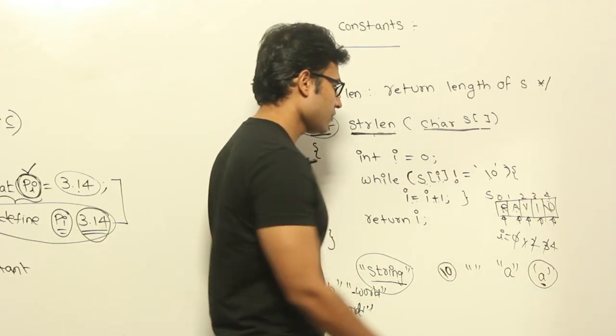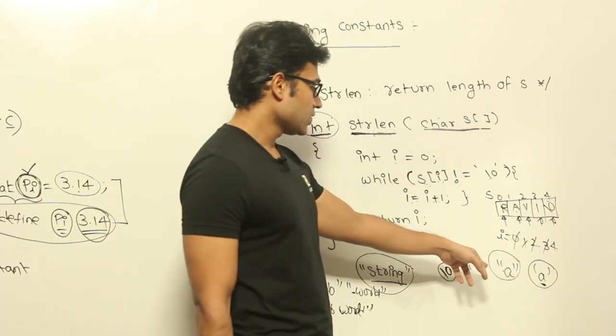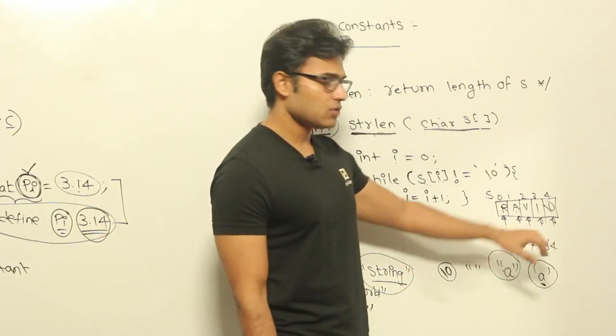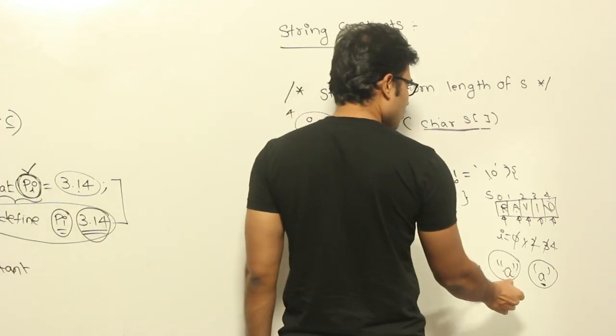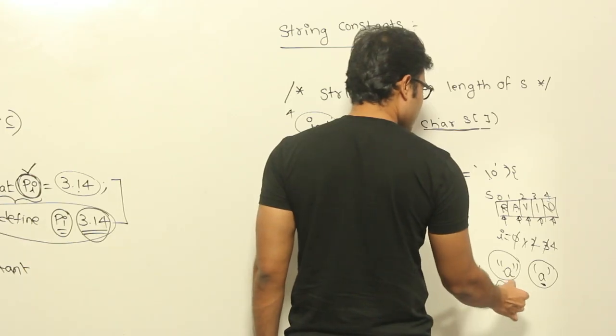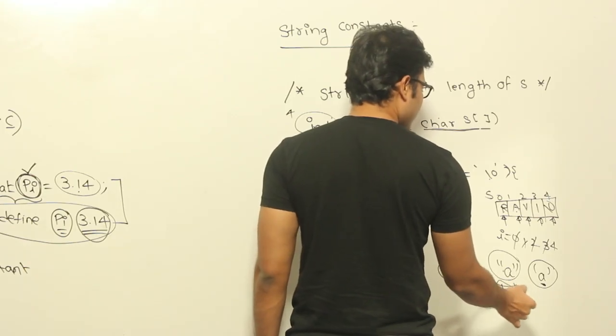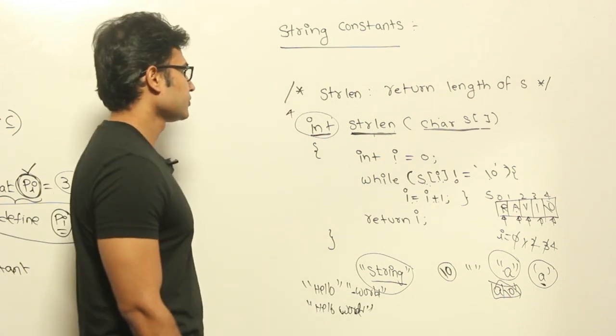But if this is a string constant, it cannot be given to any mathematical operation, right? In fact it is actually a 2-character string. It will contain this a followed by null, but here it is simply an a. Okay, that is the difference between these two.